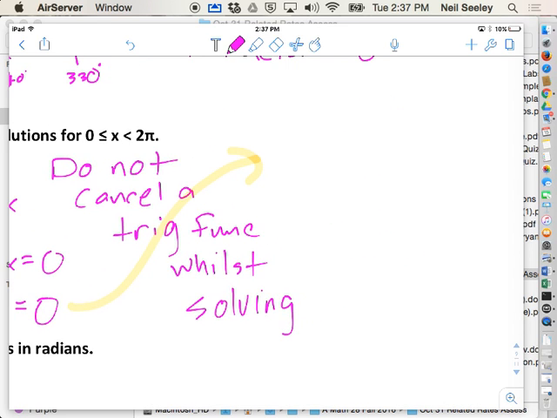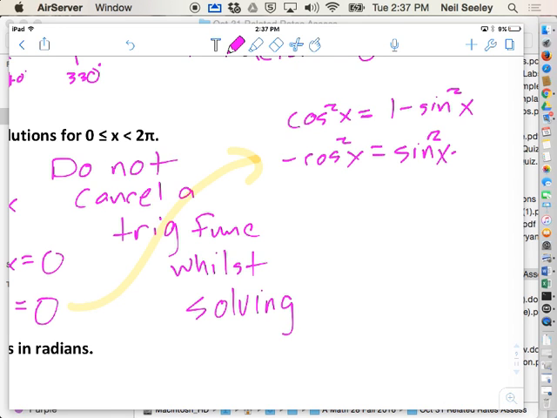But what happens is, just a little thought, y'all know cosine squared x is 1 minus sine squared. Well, if you factor a negative out, basically multiply both sides by negative, you change the negative sine squared to positive and the positive 1 to negative 1, which is what we're seeing right now.